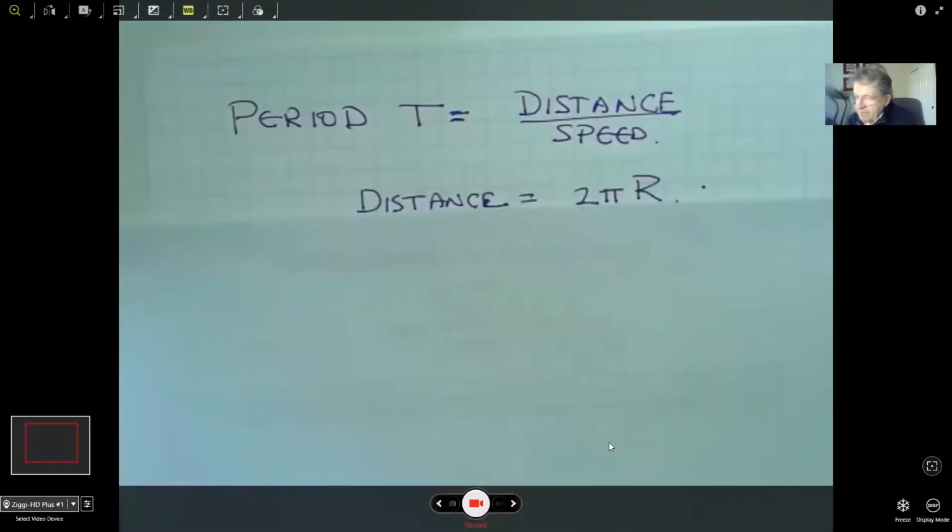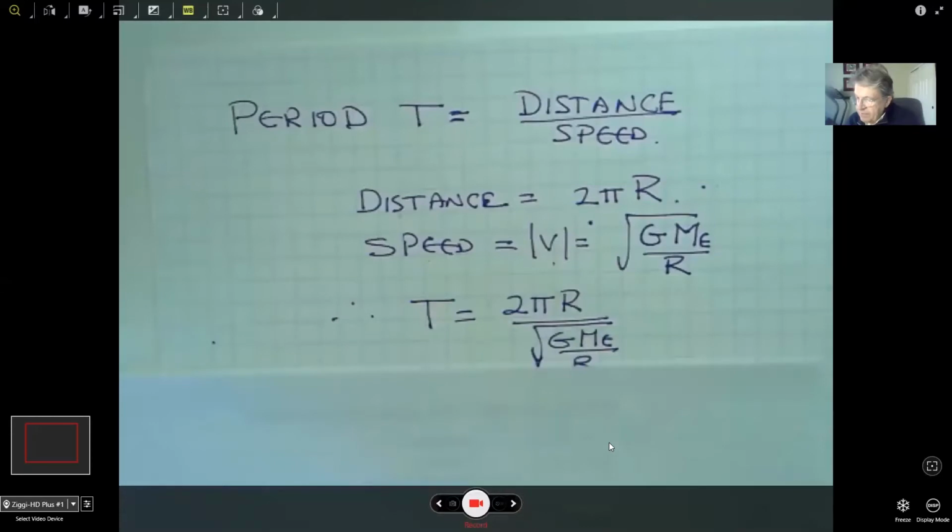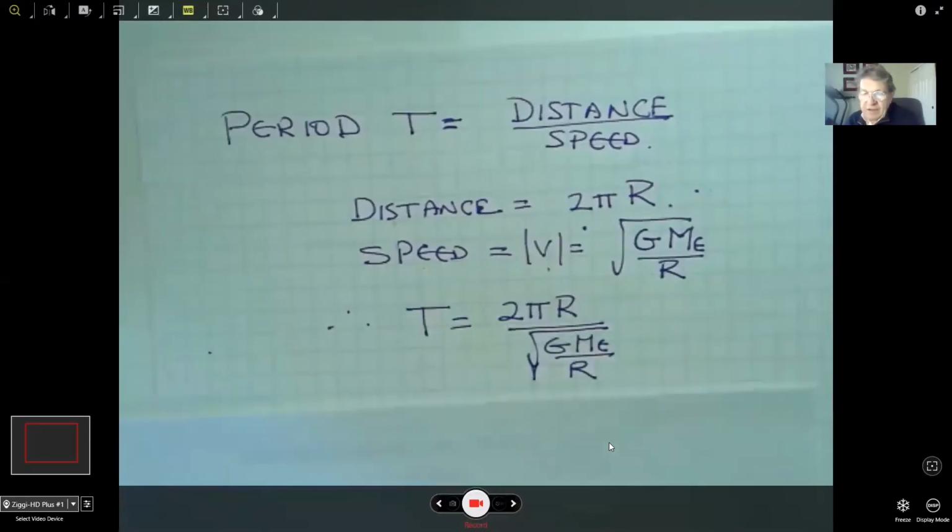The distance for a circle is just 2 pi times the radius, that's the circumference of the circle. And the speed we've calculated is the square root of G M E over r. We put these two formulas together, and we get the equation for the period as 2 pi r over the square root of G M E over r.